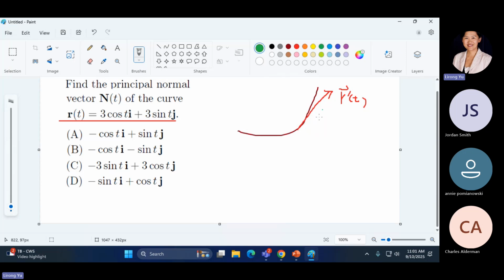We turn that into a unit vector, keeping the same direction but changing the length of that arrow to 1. That will be called the unit tangent vector of t. The initial letter of tangent is T. We know that the T function is a unit vector. Therefore, the derivative of this function, with t being the variable, will be perpendicular to itself. So you can find the perpendicular vector by finding its derivative.